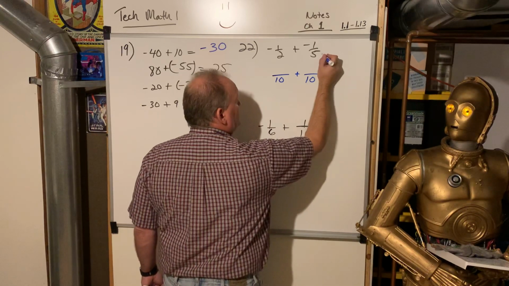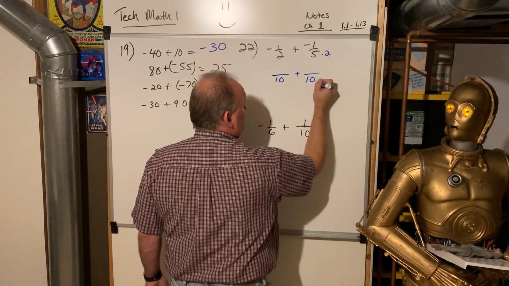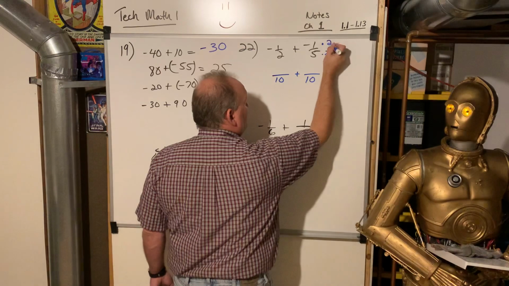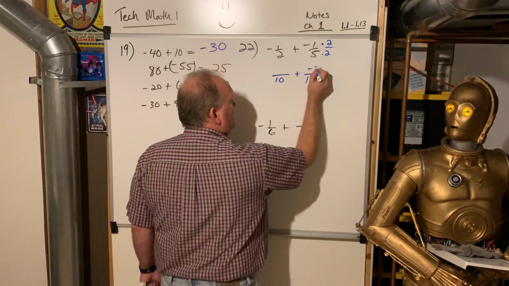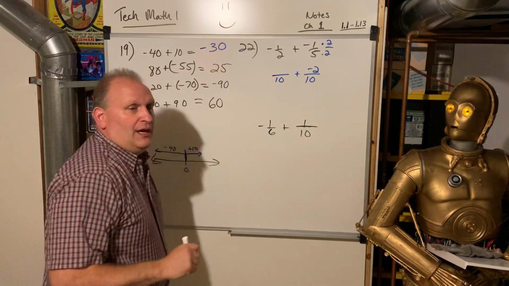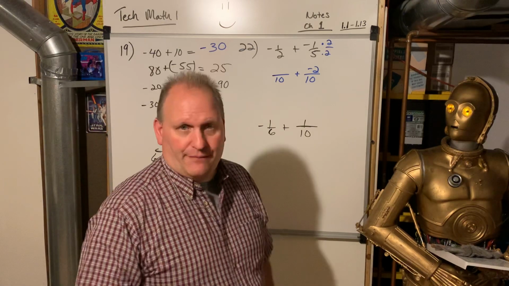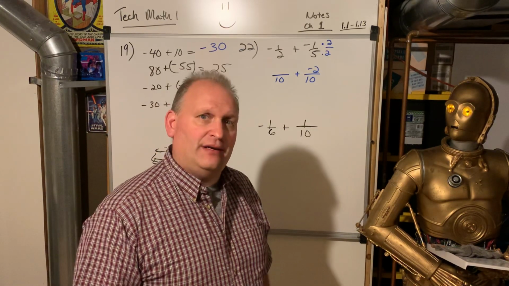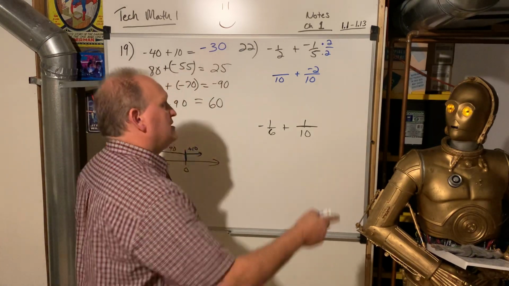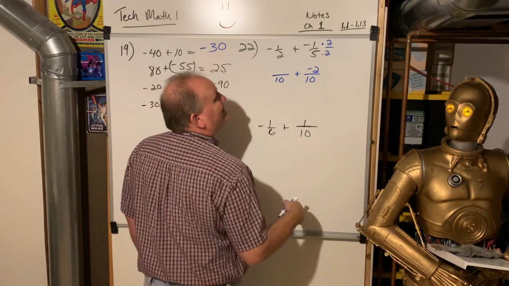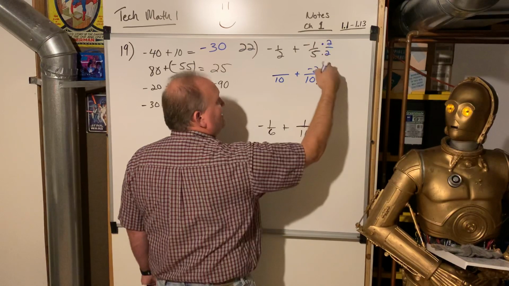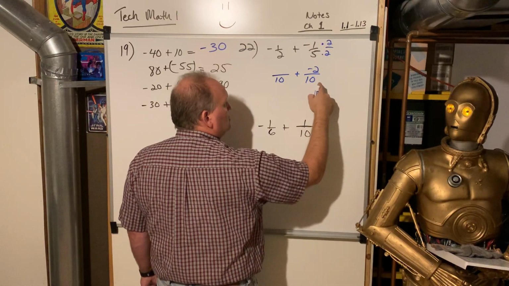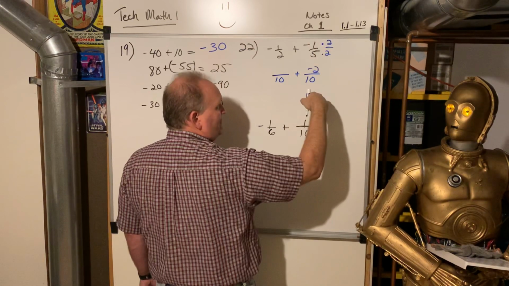Now you go back up and you say, I multiply the bottom by 2 to make it be 10. So I multiply the top by 2 to make it be 10. Essentially, I'm multiplying the fraction by 1. Think about that. When I multiply any number by 1, I get the same number back out. So if I take 17 times 1, it's 17. That's essentially what's happening here. I'm just multiplying by a fancy one. So negative 1/5 is equal to negative 2/10. These are exactly the same fraction.